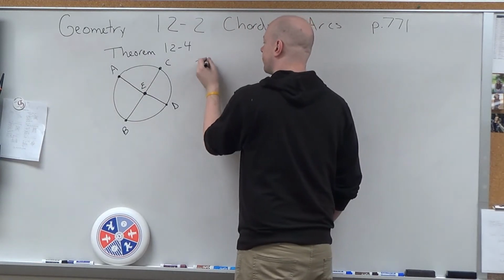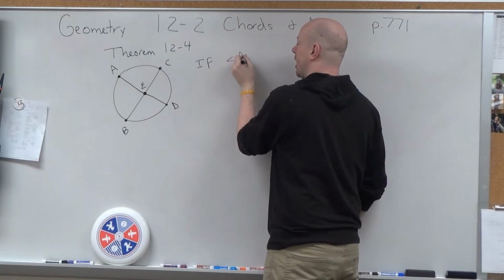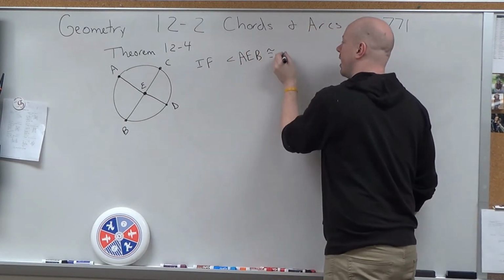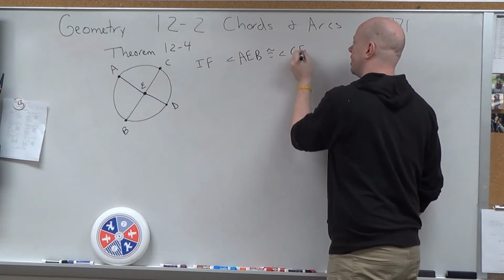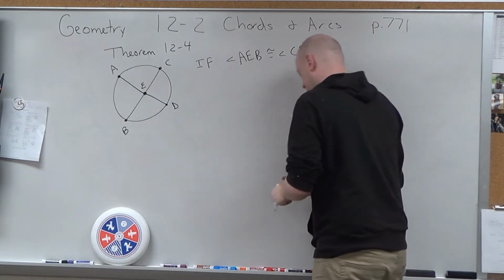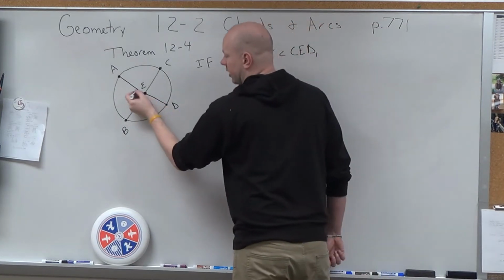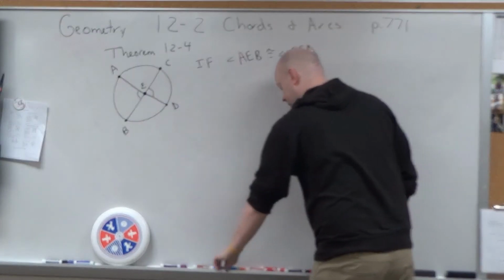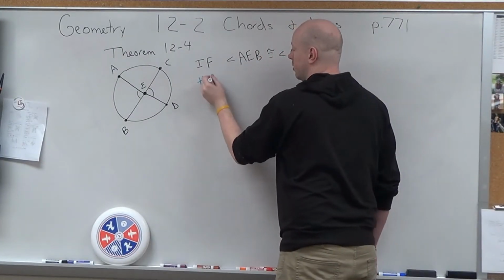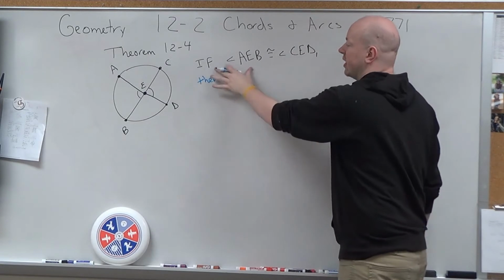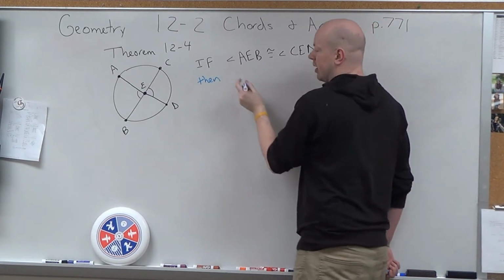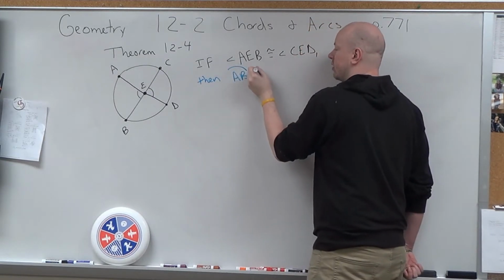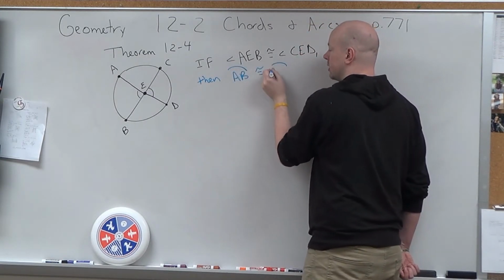If angle AEB is congruent to angle CED, so if this angle here is congruent to this angle here, then, just like most of my theorems, it's written as a conditional, if, then, arc AB is congruent to arc CD.